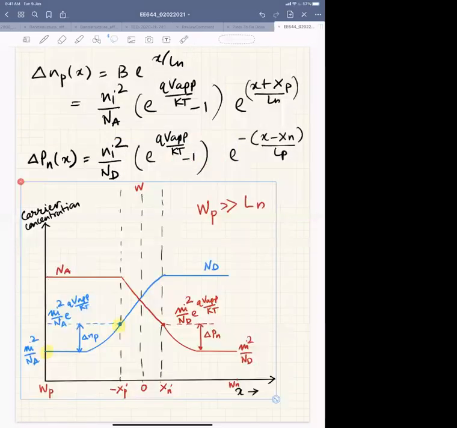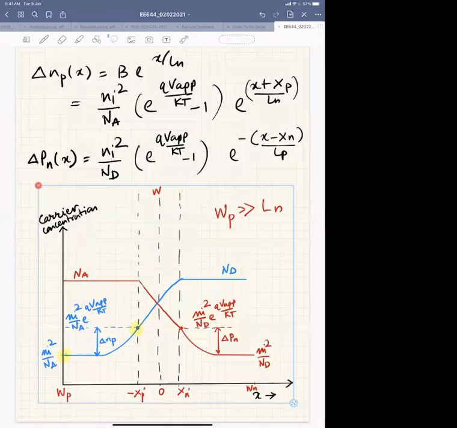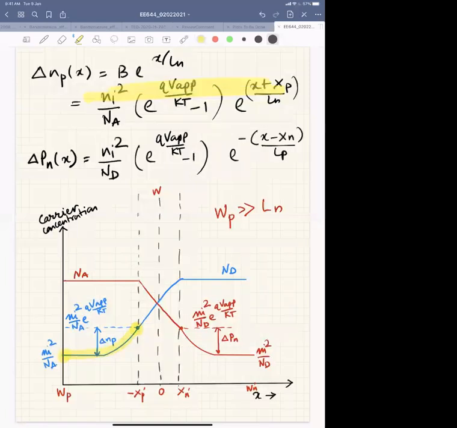You see this part here is governed by this equation, the exponentially changing minority carrier concentration, and this part here is governed by this equation.